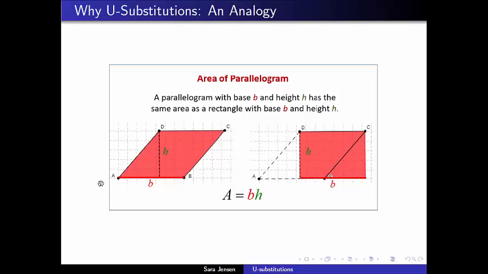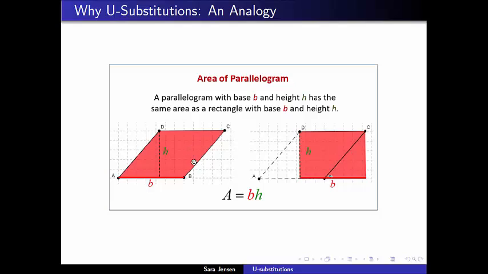If you imagine that I have the parallelogram over here on the left, it turns out that the area of this parallelogram is given by its base times its height. However, it's much easier for me to see why that formula holds when I translate the parallelogram into a rectangle by taking this triangle right here and moving it until it's over here.